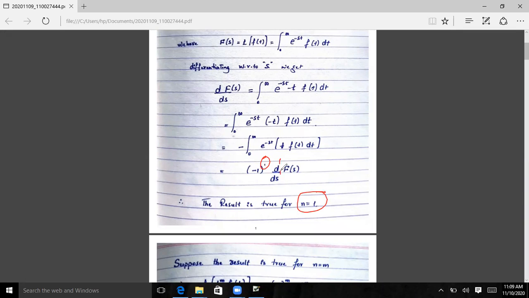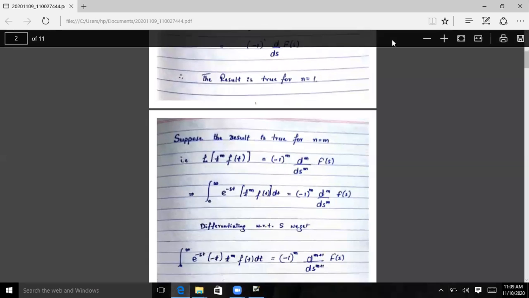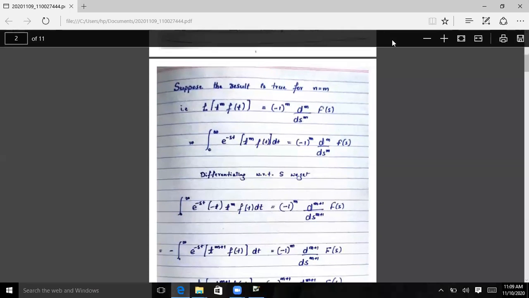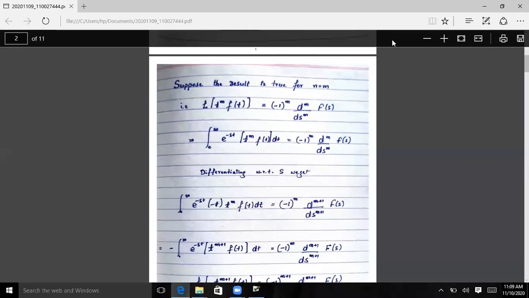The second step is to suppose the result is true for n equal to m.